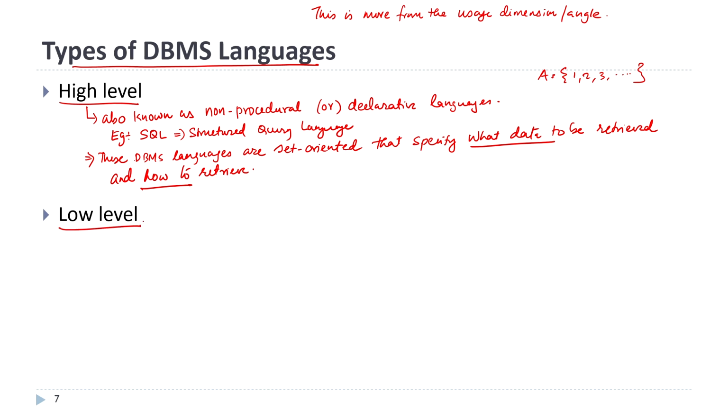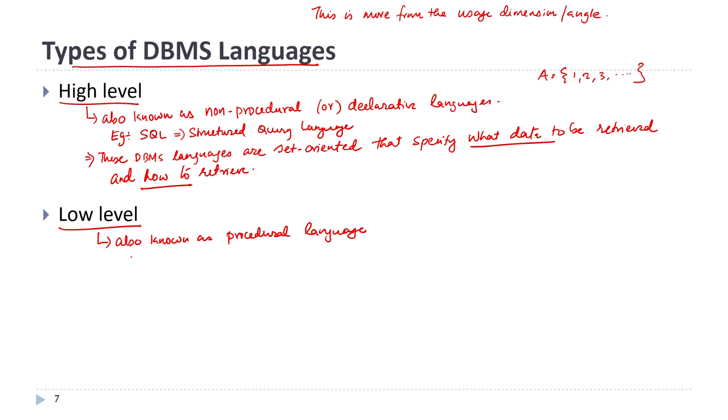Okay. Then comes what we call the low level language. These are also known as procedural languages. The other one is a non-procedural language, this is called a procedural language. There are no other names as of now for it. What do they do?